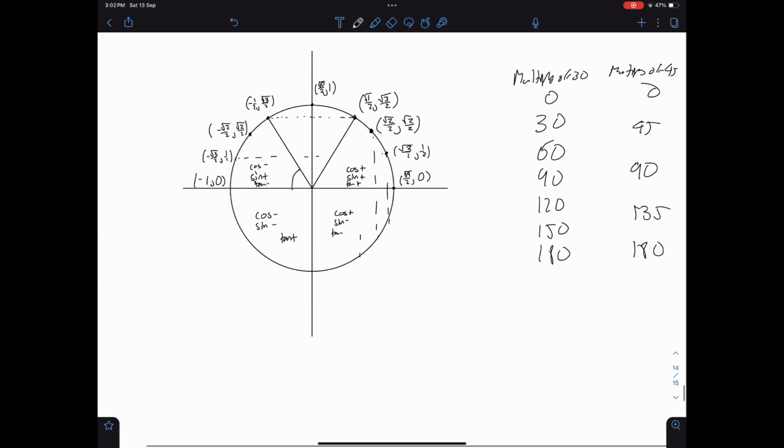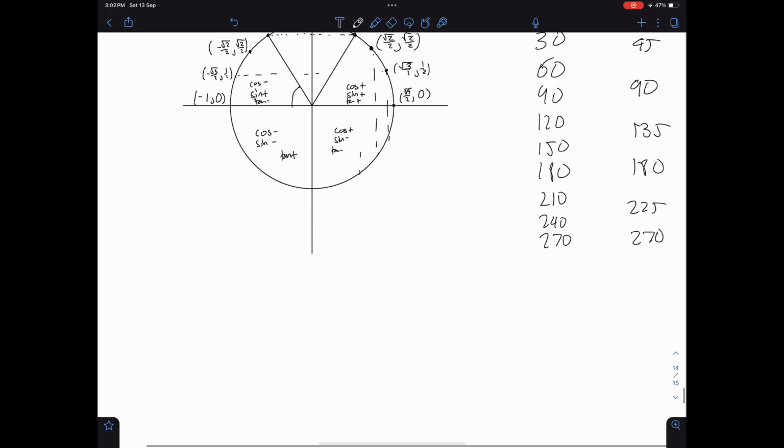And we'll go all the way up to 360. 210, 240, 270. 225, 270, 315, 360, 300, 330.